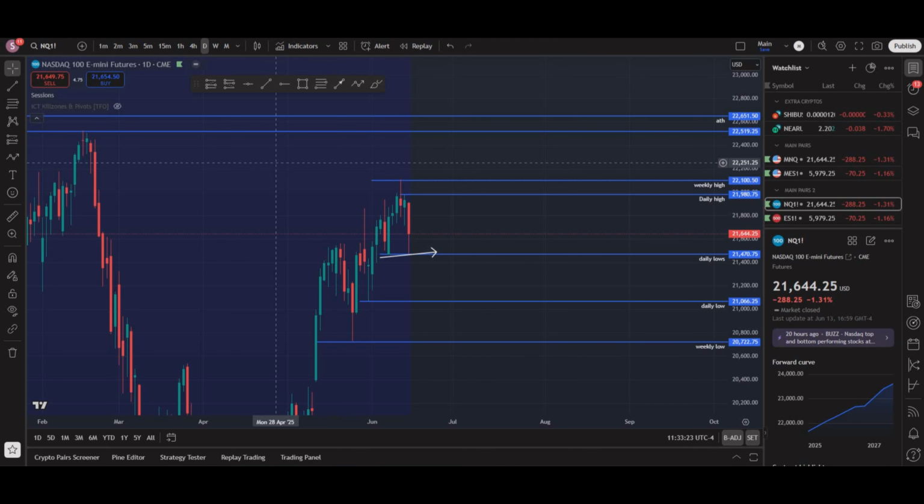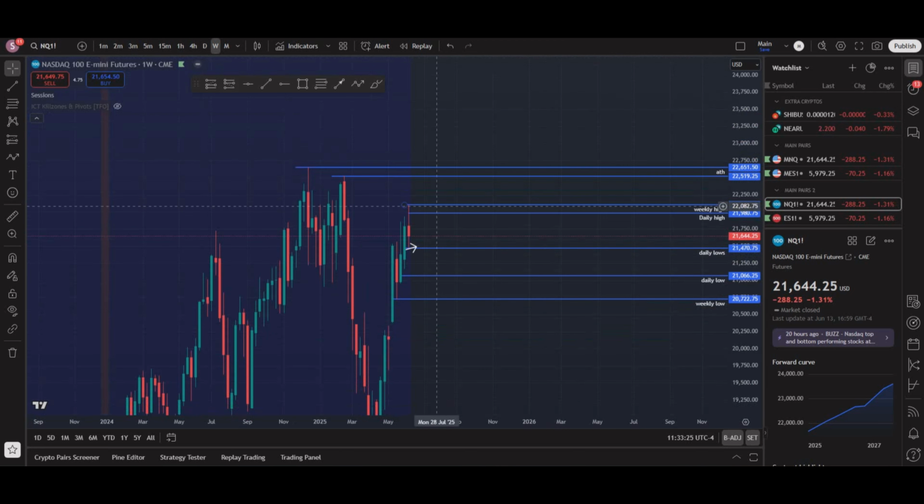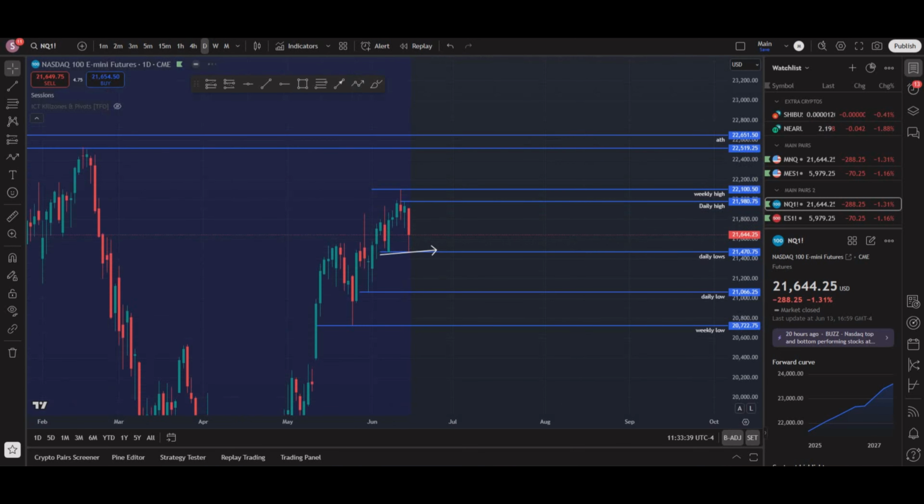Maybe we take out this weekly low on NQ, which actually fills in this weekly FVG, something like that. We get a push up, a sell off, and then a continuation up. That's a potential scenario. Obviously, that might take a little bit longer to play out, but that's definitely a potential scenario to keep on the table.